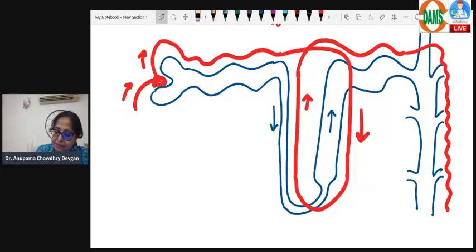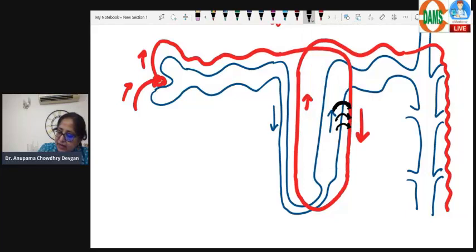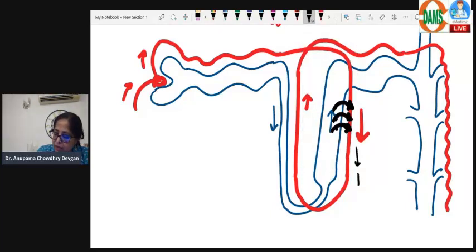Now, what happens is, remember, solutes which are reabsorbed from the thick ascending limb will enter into the descending limb of the Vasa recta. And what is the direction of movement of these solutes? Towards the medulla.